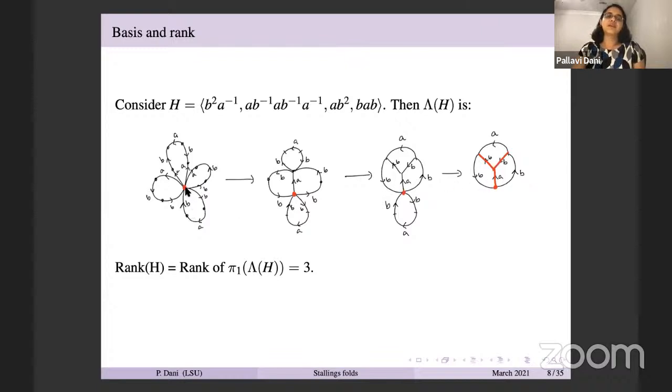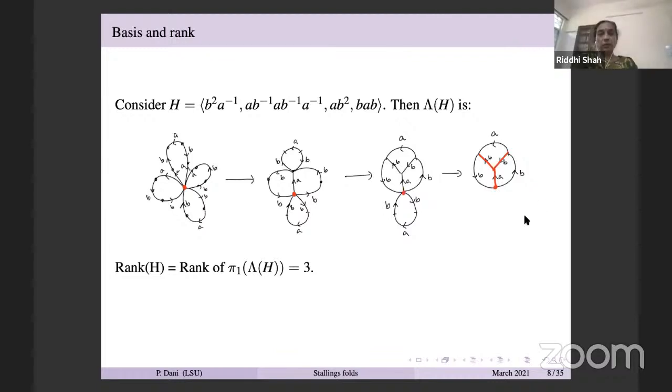The image still generates all of H, but at the end, when you get to this last one, what you get is an actual isomorphism from the fundamental group of this last graph to the actual subgroup H of F. So I don't know, does that answer the question?